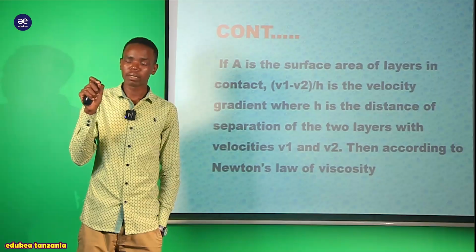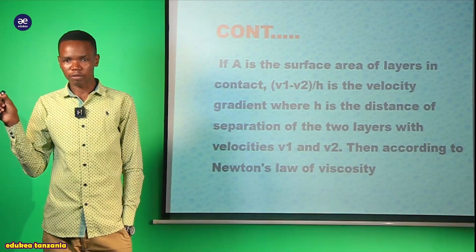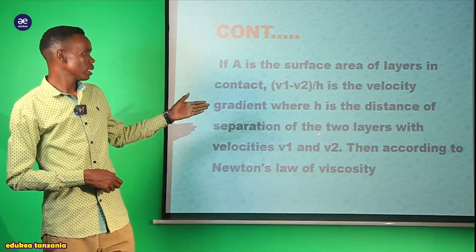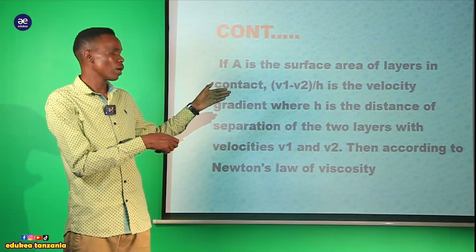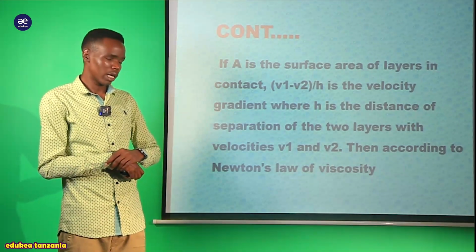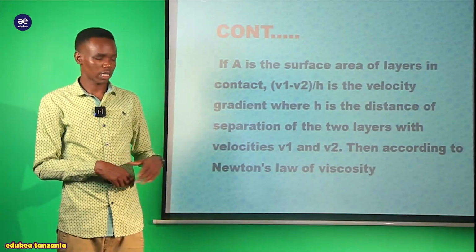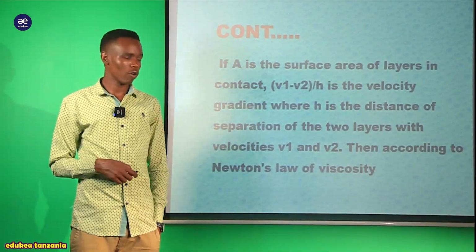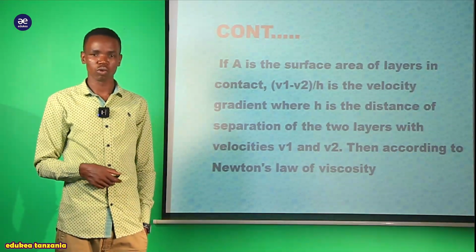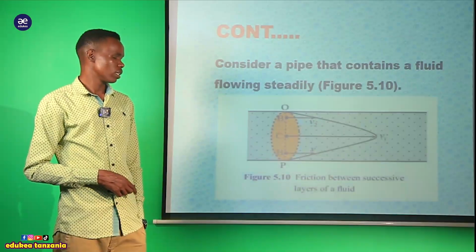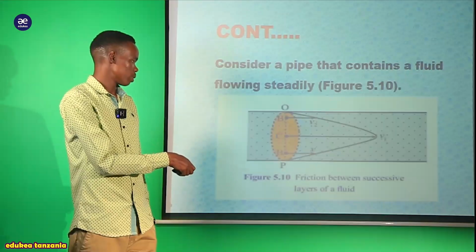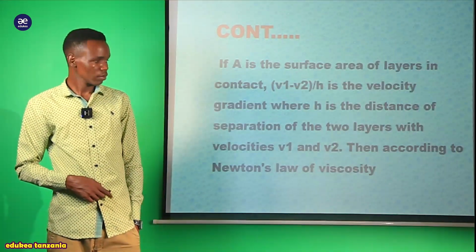But dv here must equal v1 minus v2, and dy is equal to h, as we try to observe. The ratio of v1 minus v2 over h is the velocity gradient, and h is the distance of separation of the two layers with velocities v1 and v2. So it is the height of separation, as we try to see here.